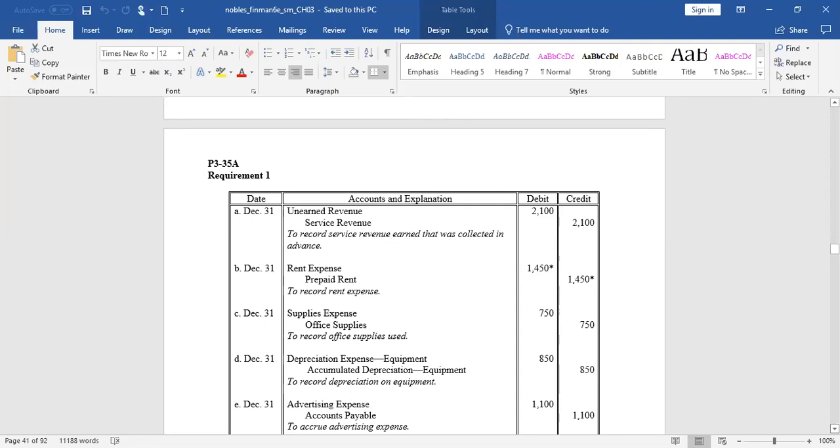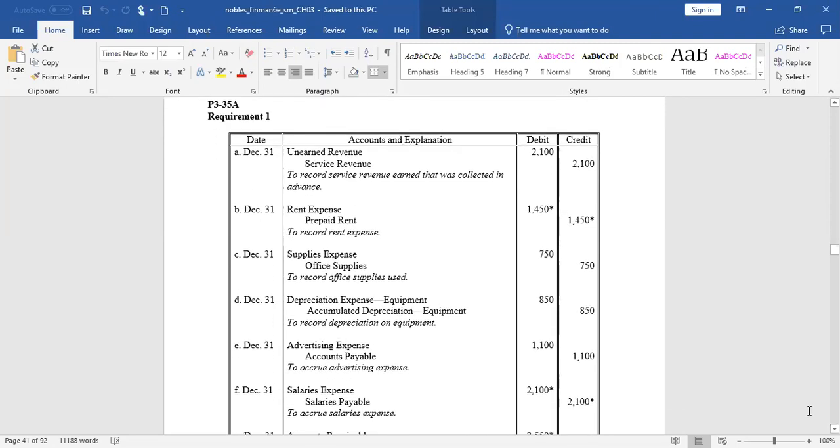The question here is, any of this week's wages that have been earned by our employees, should they be expensed? And the answer is yes. The company's employees worked Monday, Tuesday, and Wednesday in 2018. The wages related to those 3 days should be an expense by December 31st, 2018.